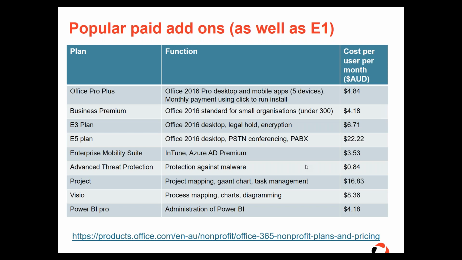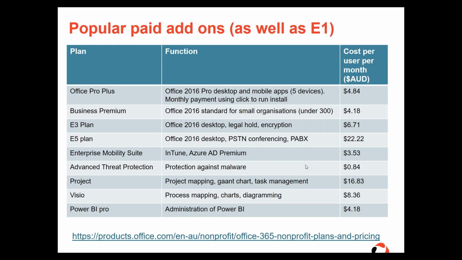Microsoft also will continue to have these really great third-party tools, which are sort of add-ons. So things like the Enterprise Mobility Suite, which is giving you Intune and mobile device management, you can buy as an add-on for $3.54.